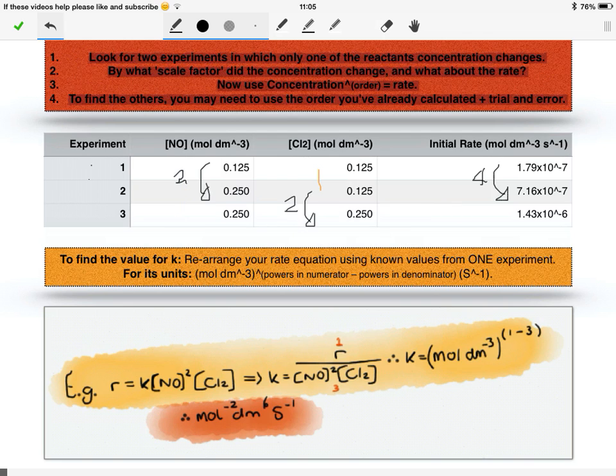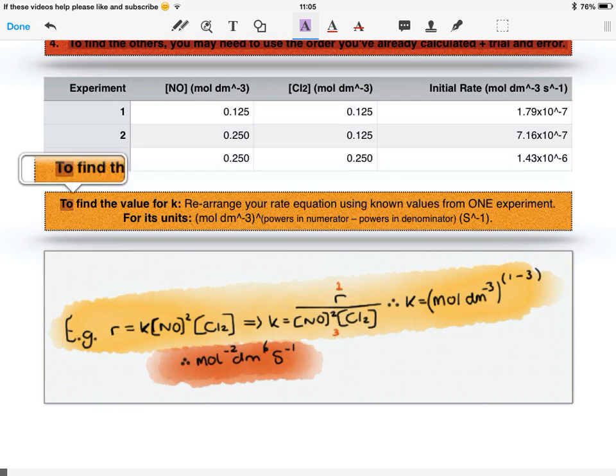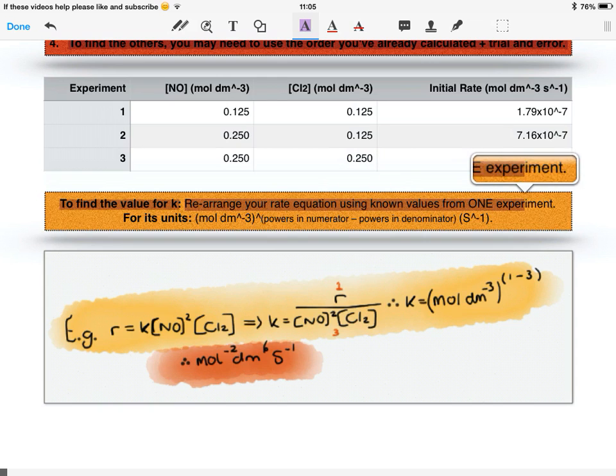Okay, so that's how you can find the orders of the reactants. So once you've done this, I think it's quite easy then to find the value for K, and basically all you do for this is you rearrange your rate equation using known values from one experiment.